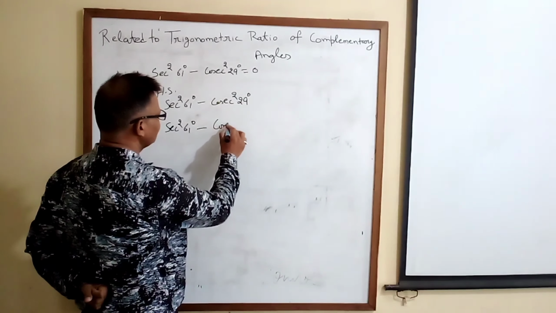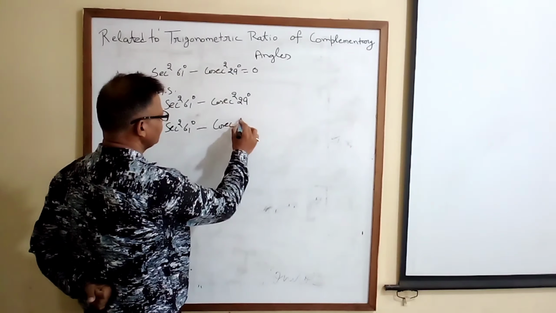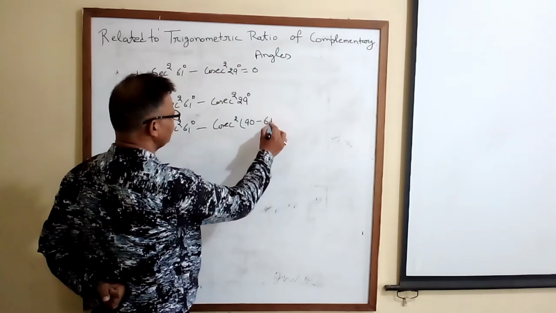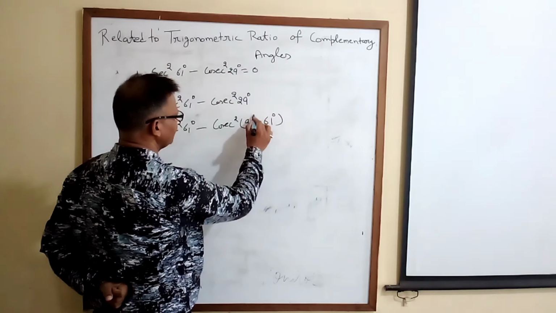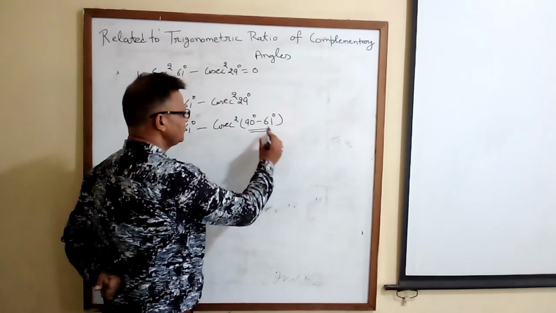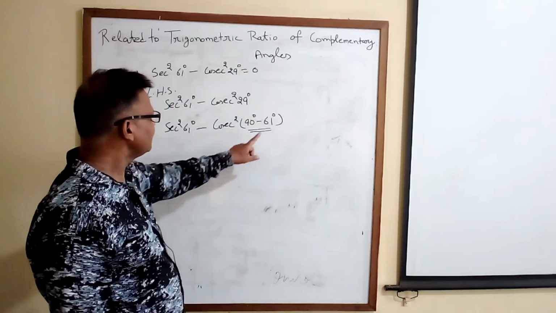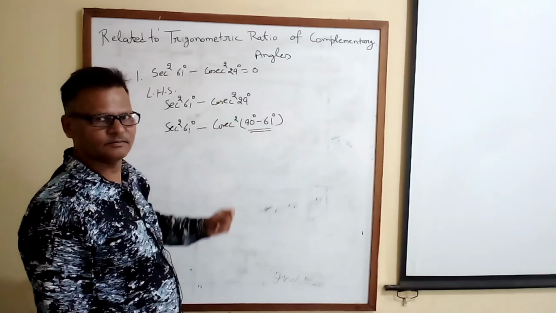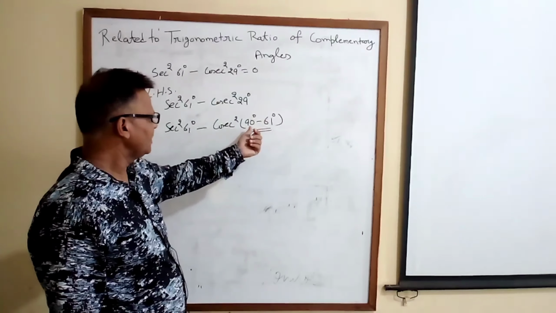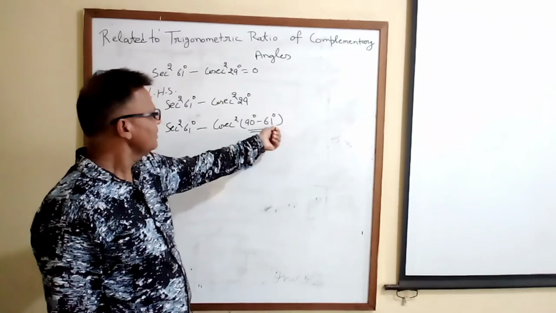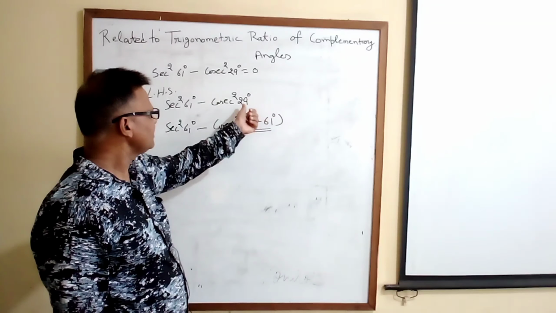That is secant square of 90 minus 61 degree. We have to subtract that value from 90, and after subtracting we get 29.